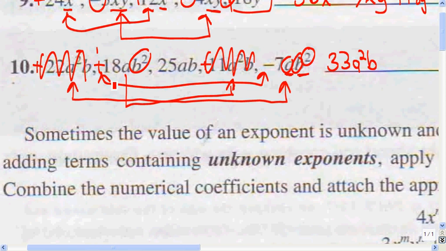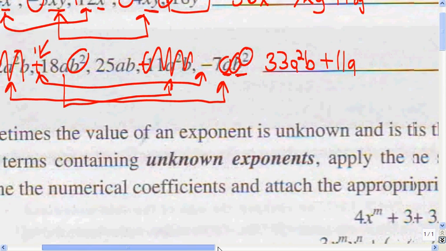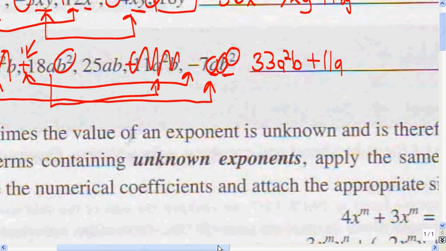That means we're going to subtract. 18 minus 7 is 11, and since the bigger number is positive, I know that my answer is going to be positive. 18 minus 7 is 11a, move this over a little bit, 11ab squared. Okay, so I'm going to cancel those out.